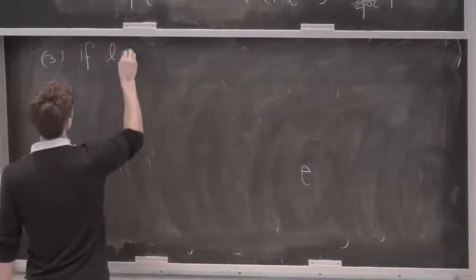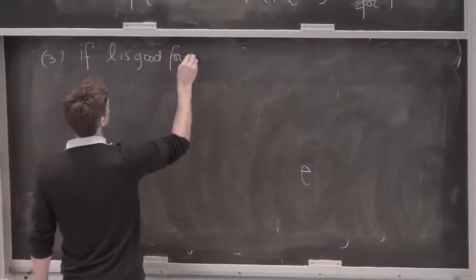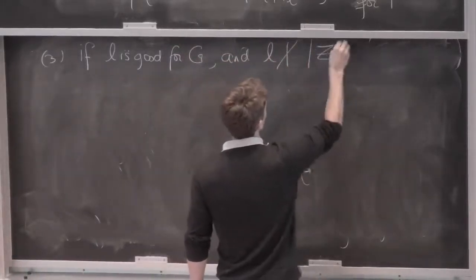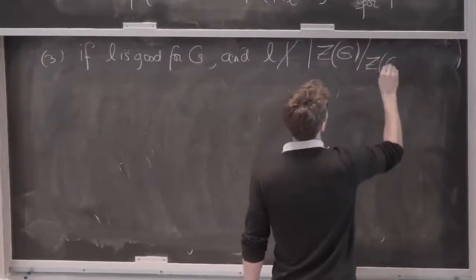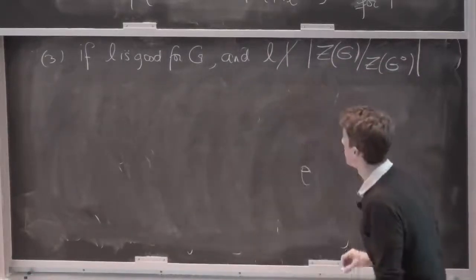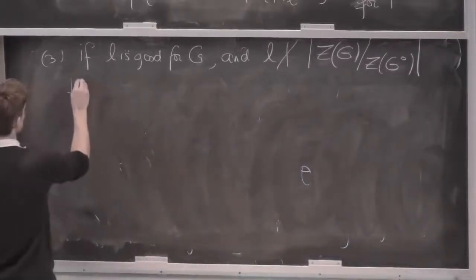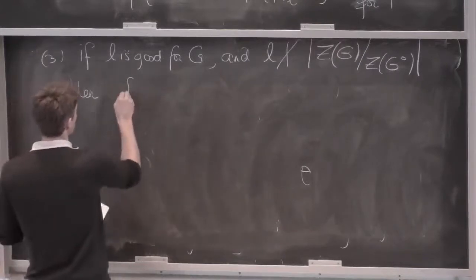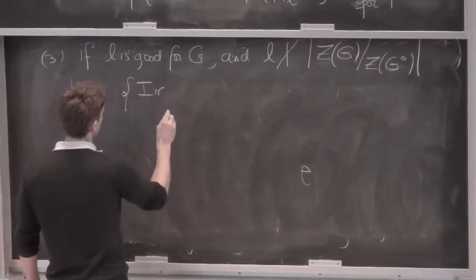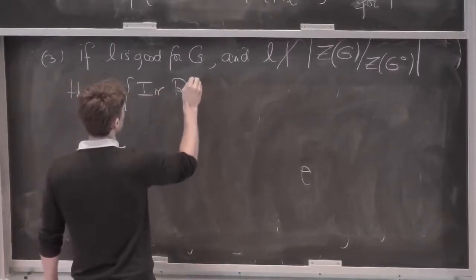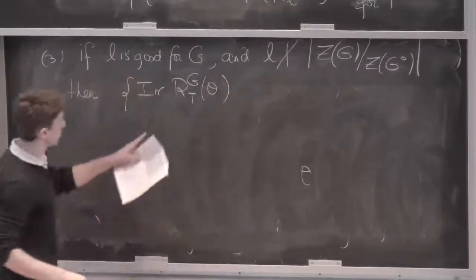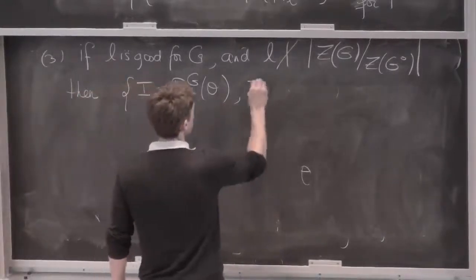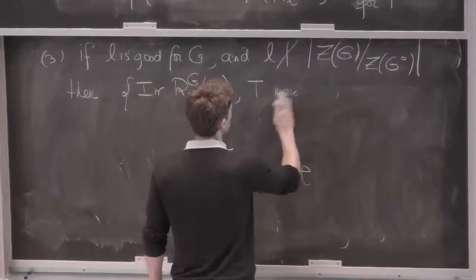If l is good for G, and l does not divide the order of the component group of the center, then if you look at the set of all the irreducible constituents of this R_T^G of theta, where T varies over the F-stable maximal tori.